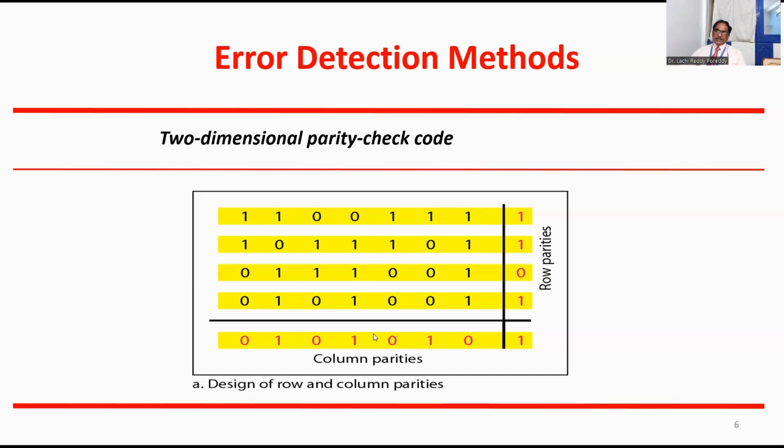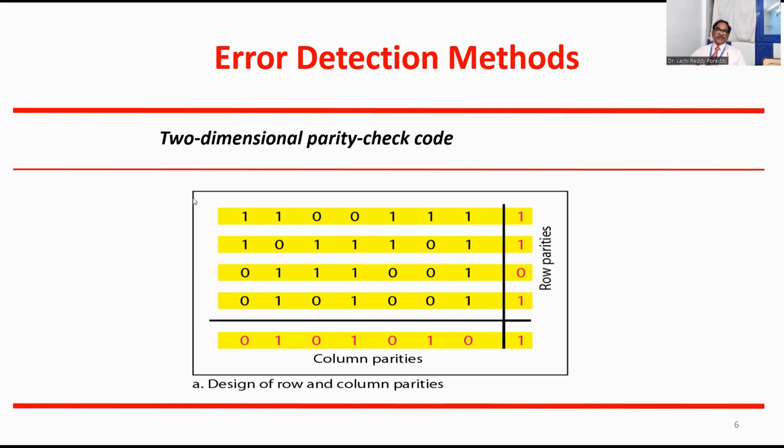Likewise, it is being derived column-wise. Then finally, for this column, this is C. Last column, see, an odd number of ones are there, so the redundant bit is 1. And for the last row, an odd number of ones are there, so the redundant bit is 1.